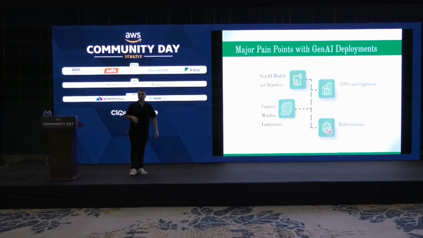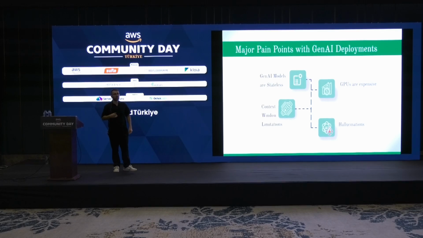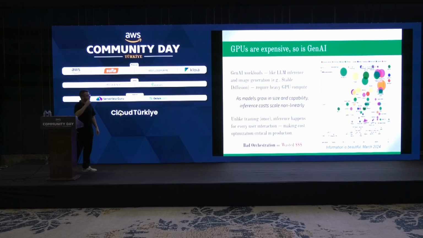And last but not least, hallucinations, the tendency of LLMs or Gen AI models to make mistakes or to get confused about what they are working on. We have some solutions to manage these pain points.